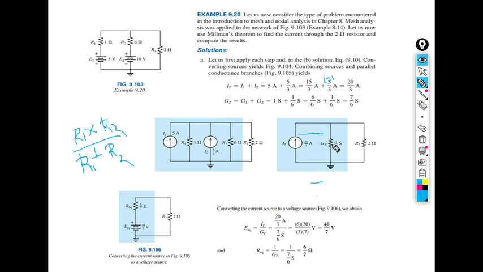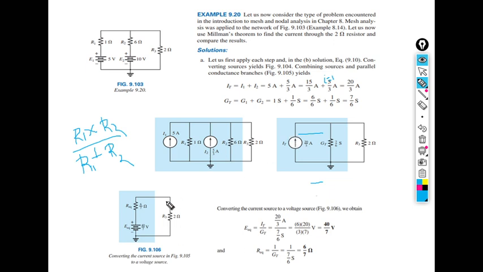Now what is the I? We can convert the current source to a voltage source. If I convert the current source to a voltage source, then what do we get? IT by GT, that is equal to 40 by 7 volt.